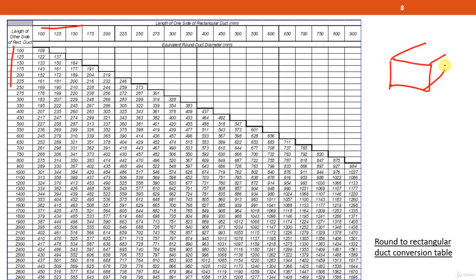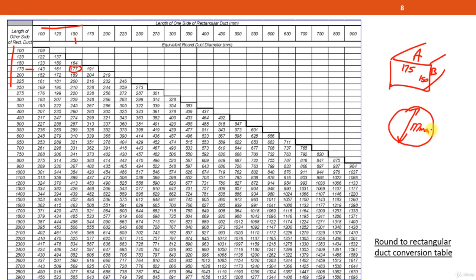So one side of course is A, the other side is B. For example, if I have a round duct of 177 millimeters, you can get an equivalent rectangular duct of 175 multiplied by 150. So 175 multiplied by 150 is equivalent to having a round duct of 177.